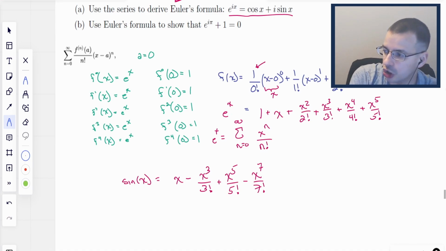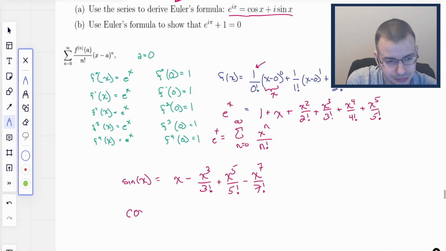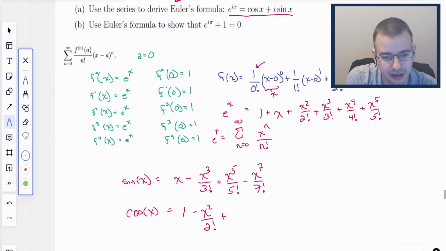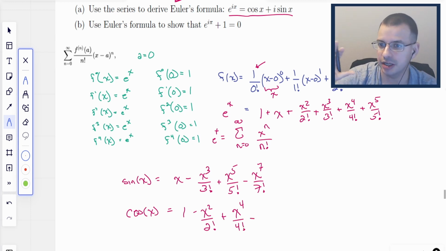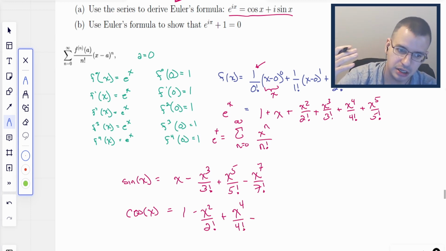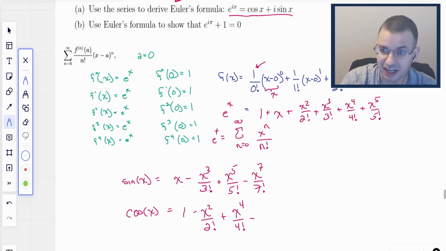And then for cosine of x, we're going to have that equal to x to the 0, and then it's going to be the even numbers. And on a deeper level, this makes sense because cosine is an even function and sine of x is an odd function. Not important for this, but just a sidebar.